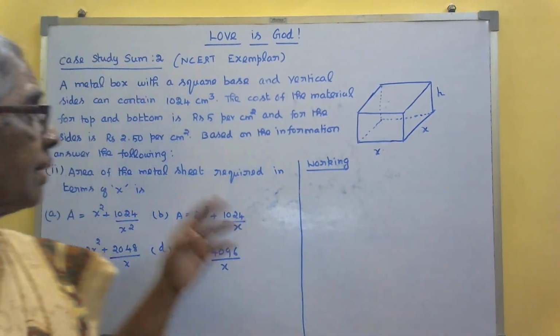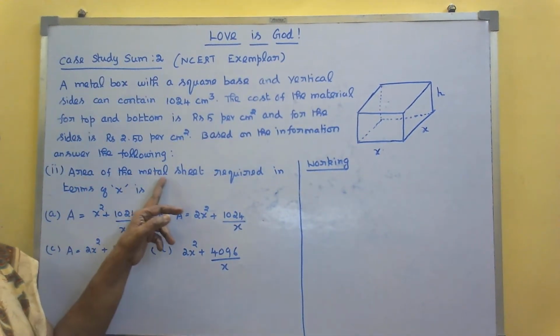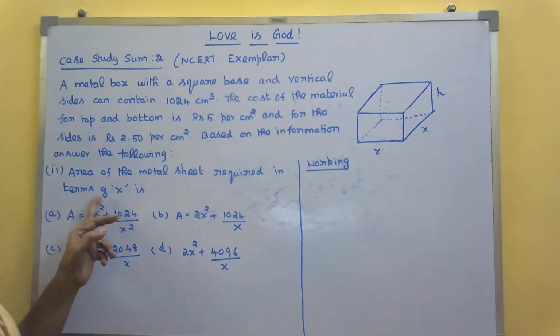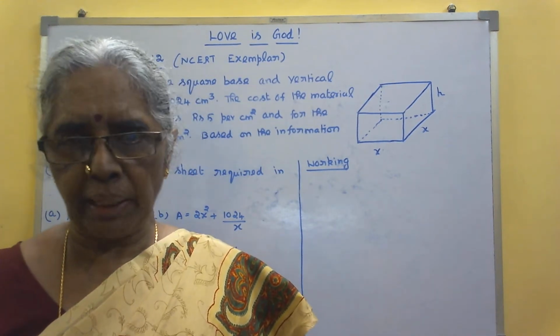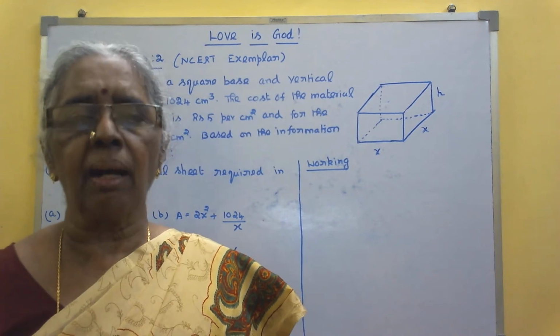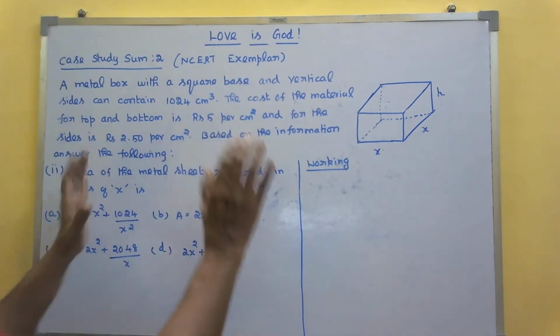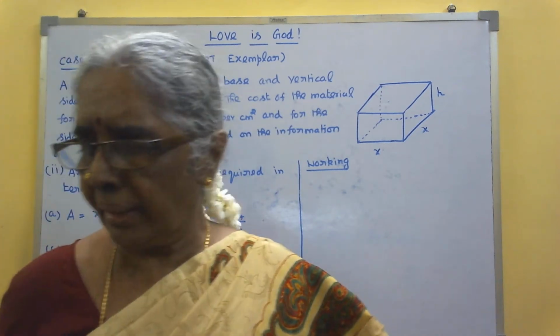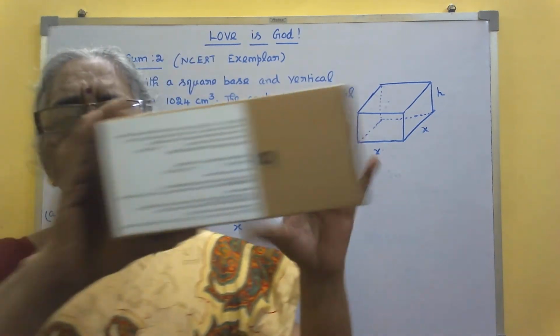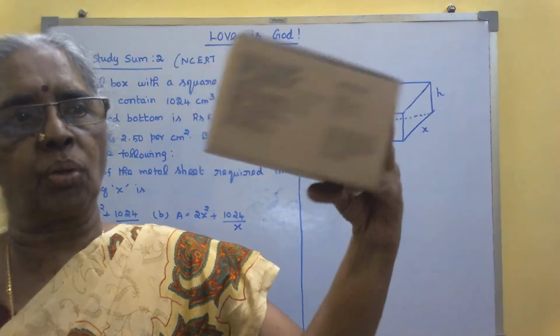Now the second subdivision. Area of the metal sheet required in terms of x is. Now first of all, let me explain to you what is the area of this metal box. That is the area of the metal sheet required, isn't it? So now you just imagine this is our metal box, right?